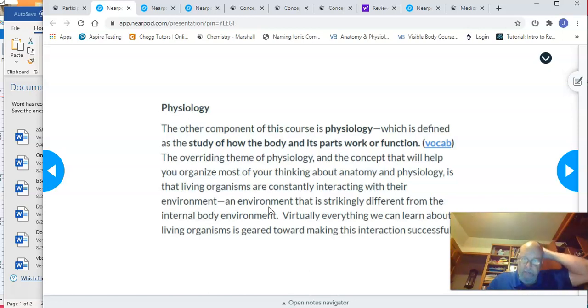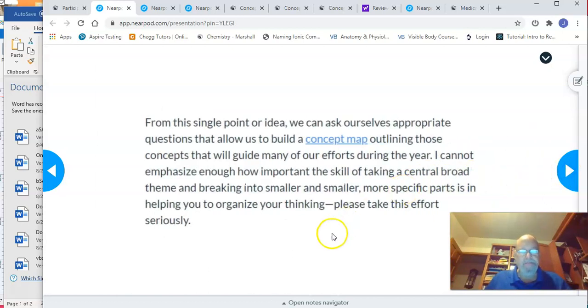Okay. This environment's strikingly different from our internal body environment. Everything we can learn about living organisms is geared towards making this interaction successful. So why not gear my learning towards whatever it is that's going to make my interaction with the environment successful? Okay, so that's going to be our process here.